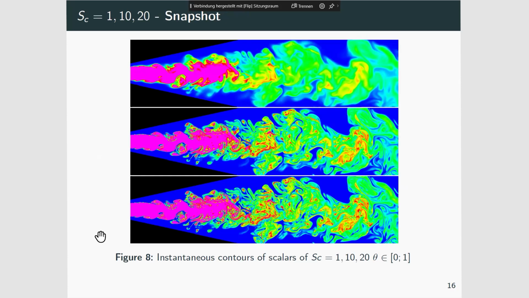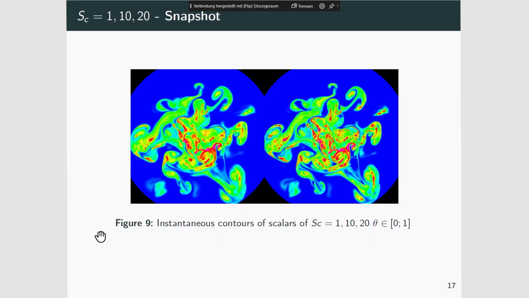We can see that the gradient is sharpest in the small structures of the flow.